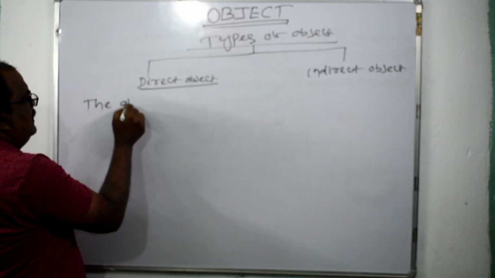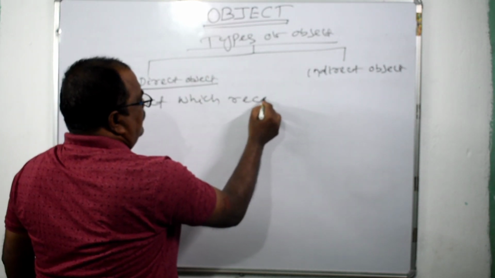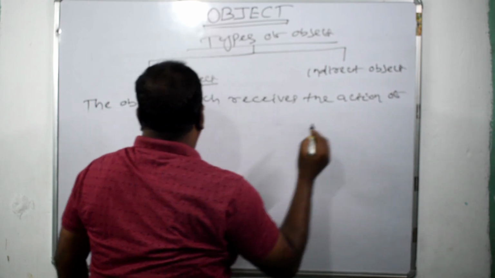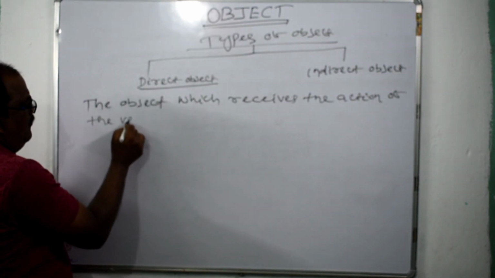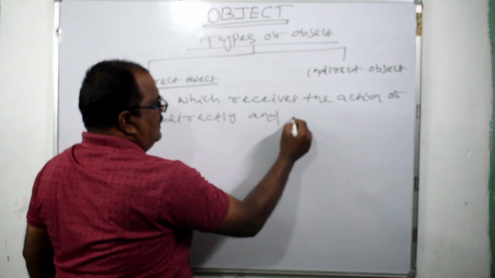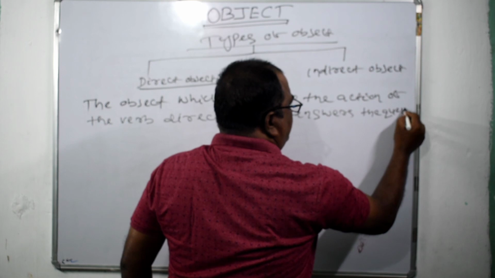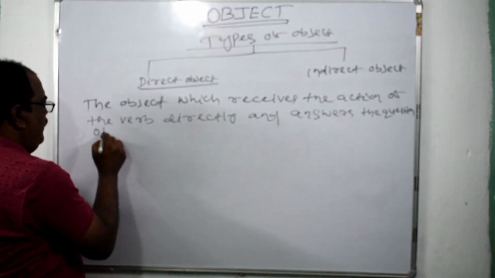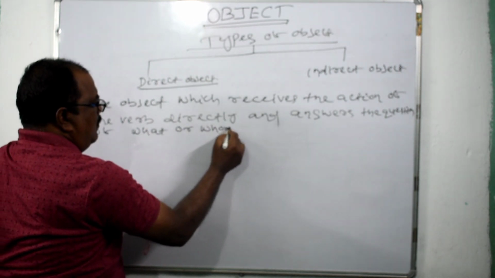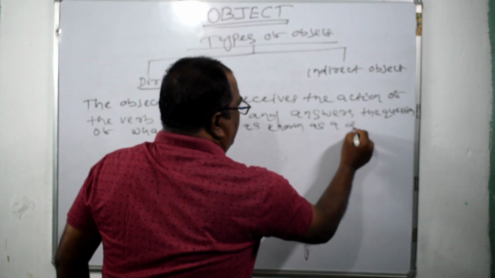The object which receives the action of the verb directly and answers the question of what or whom is known as a direct object.